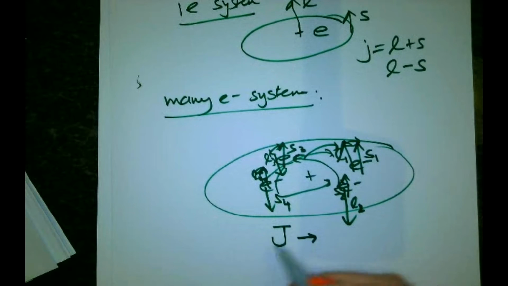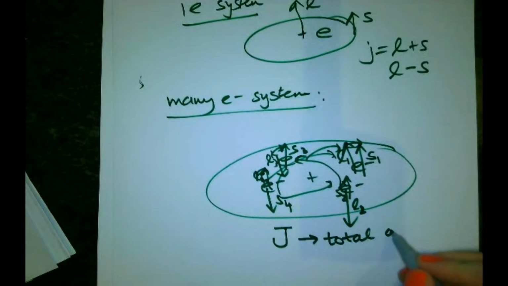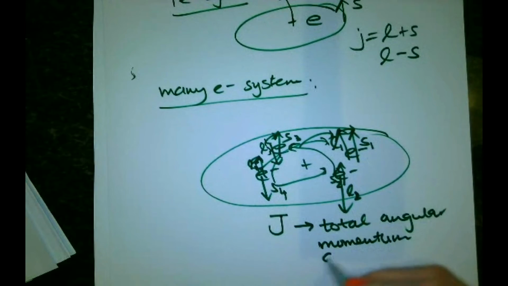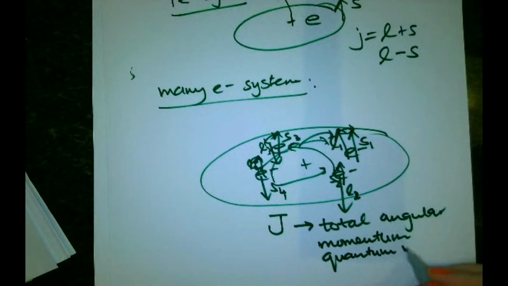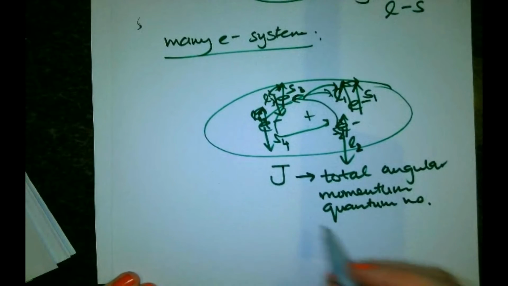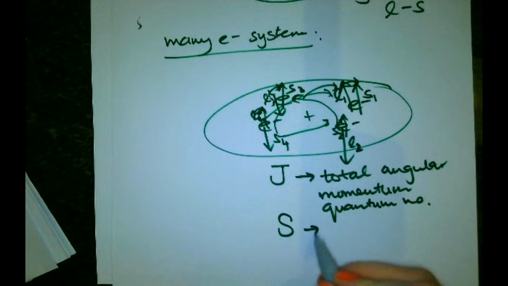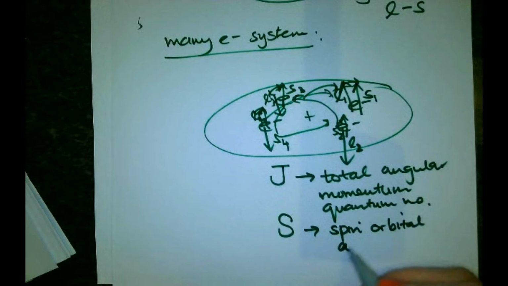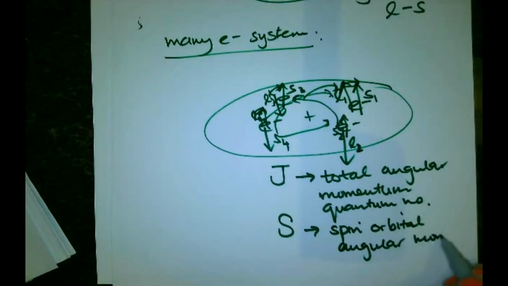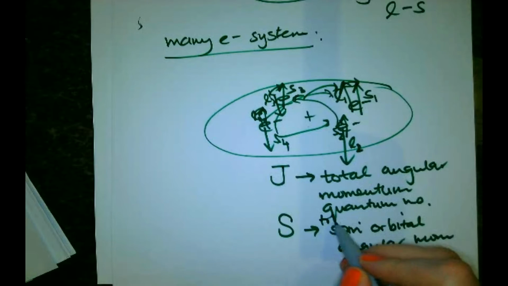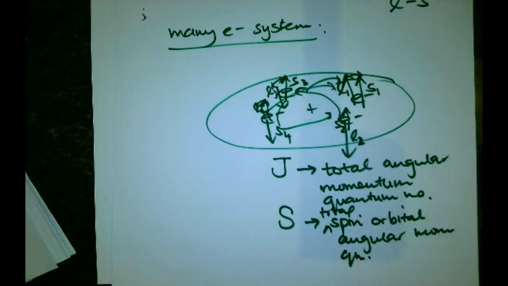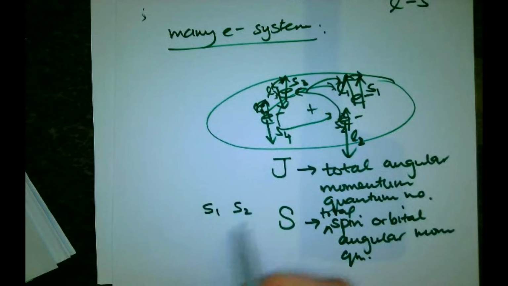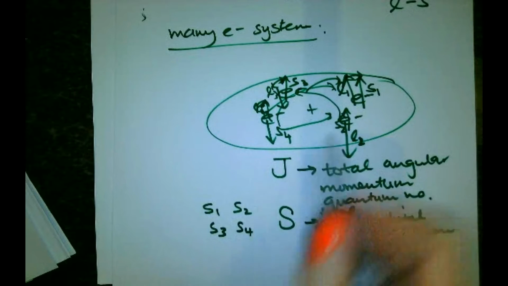So J, uppercase, is the total angular momentum quantum number. In the same way, we are going to have uppercase S, which is the total spin angular momentum quantum number, which is the effect of the S's of all these electrons.